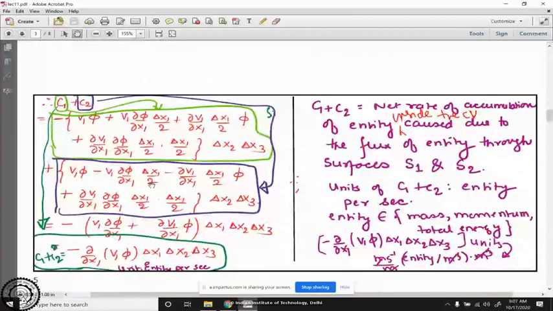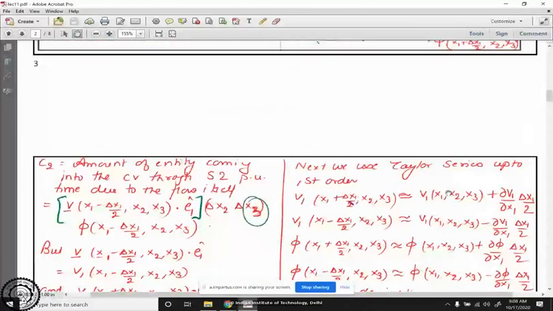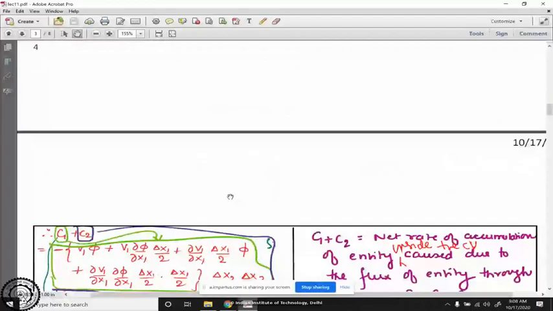So for C1 we get 4 terms, right? We will get 4 terms from here, 2 terms coming from V1 because Taylor series gives us 2 terms, and psi will also have 2 terms according to the Taylor series approximation. So the product has 4 terms, what I'm showing here.